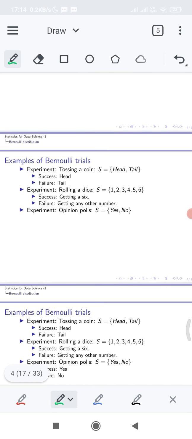You can see another example in a voting experiment. Suppose there's a candidate, we need to find the probability of the candidate getting chosen. Suppose there's a 2022 Indian poll, 100 people are chosen.